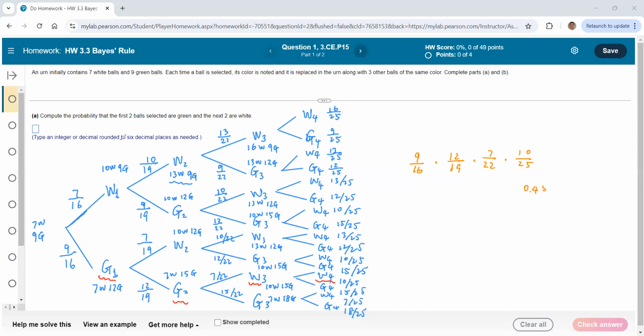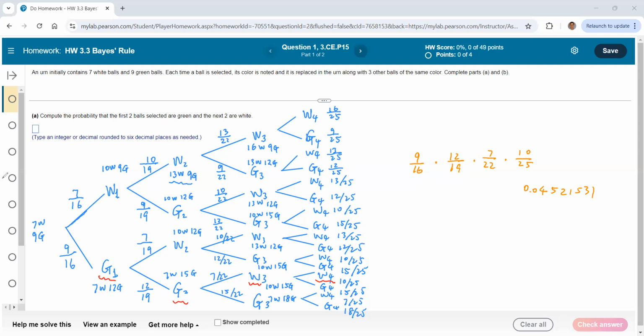That's 0.045 21531. Keep 6 decimal places as needed.